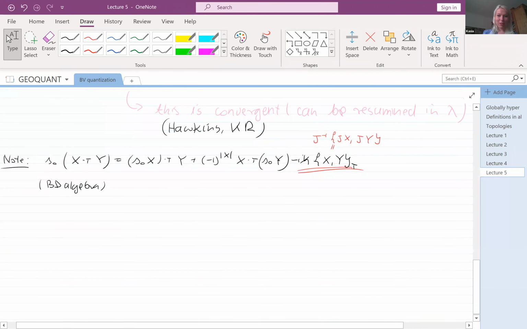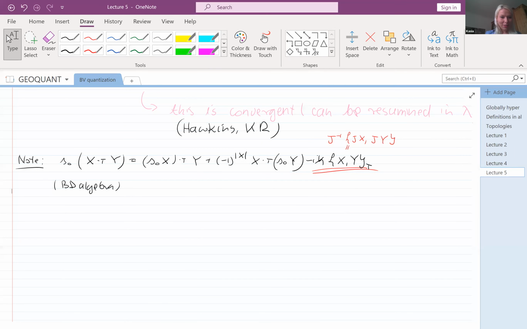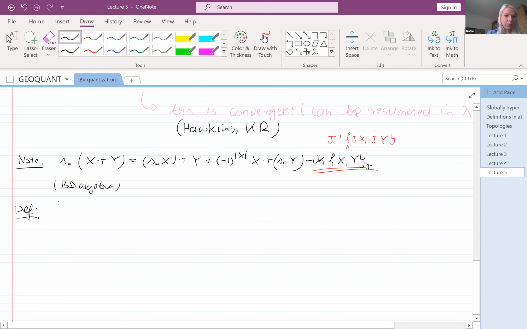Something always has to be twisted. So now define the new differential, which I will call S0 hat, equal to T minus 1 composed with S0 composed with T. So this is the twisted version.